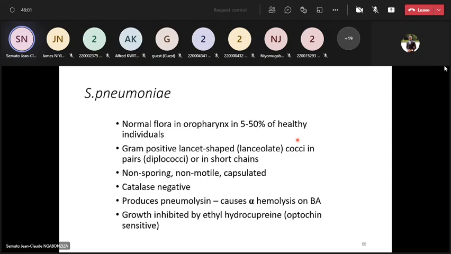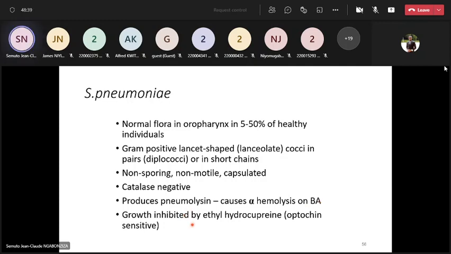It is gram-positive diplococci, lancet-shaped or lanceolate, in pairs or very short chains. It is non-spore-forming, non-motile, and always capsulated. So all cells are capsulated. Catalase negative. It produces pneumolysin that causes alpha hemolysis on blood agar. So it is alpha hemolytic.